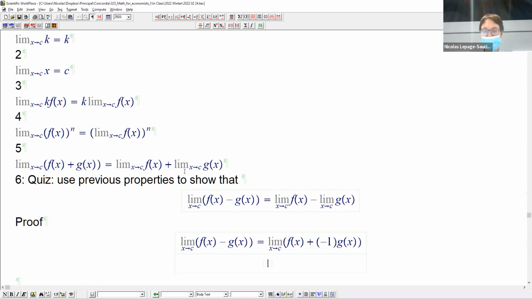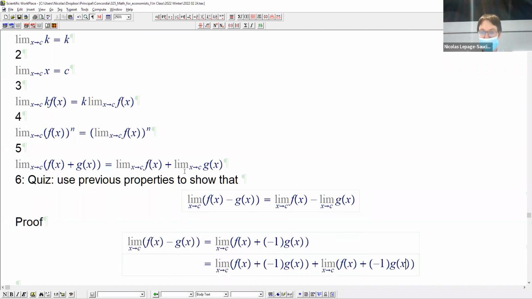Then this is equal to the limit of this plus the limit of that. In a sense, what I have done here is redefine the function g of x as the function minus g of x.